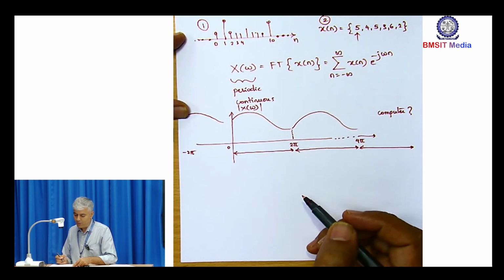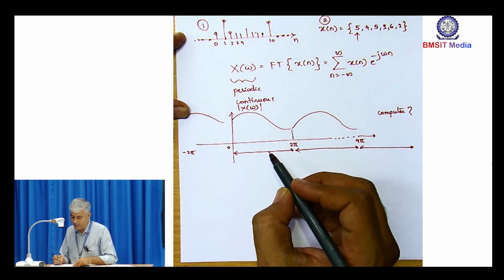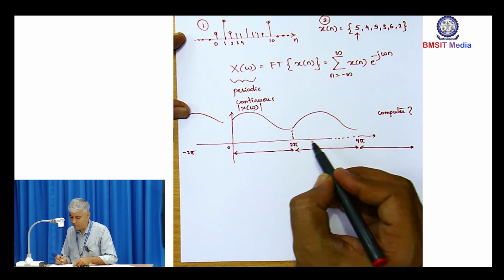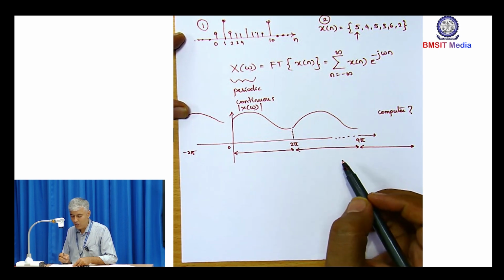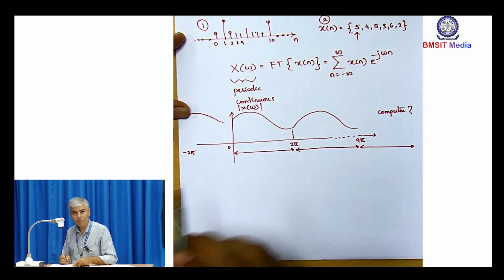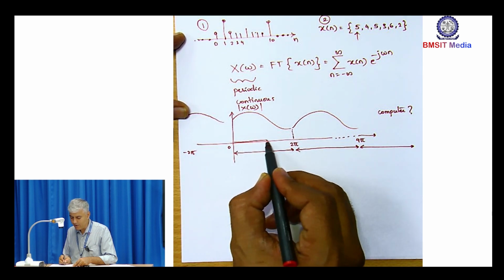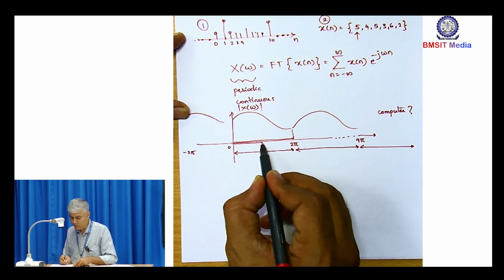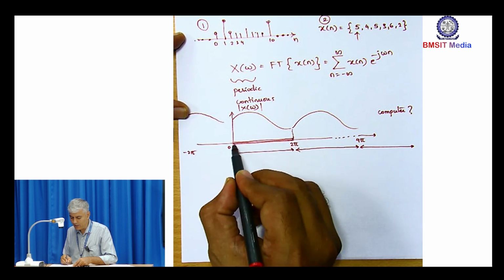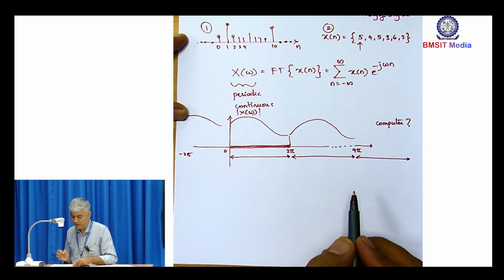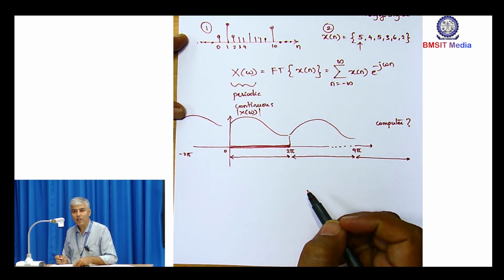Now what we will do is neglect the x of omega from 2 pi onwards or before 0 and just concentrate on the range from 0 to 2 pi only. In this range we will try to look at the signal and take some samples.